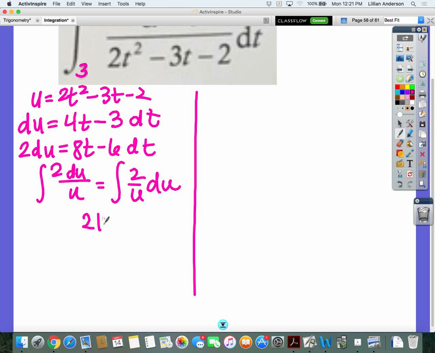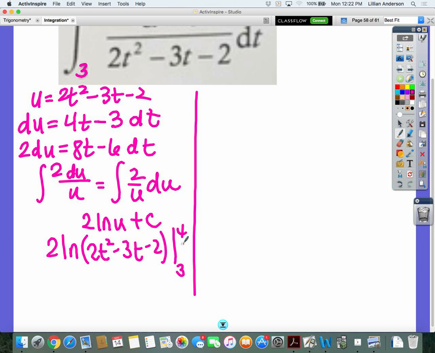Then you'll have 2 ln of u plus c, but we actually have bounds here. Before we can evaluate the bounds, we have to plug back in. So you would have 2 ln of this whole expression, evaluating that from 3 to 4.